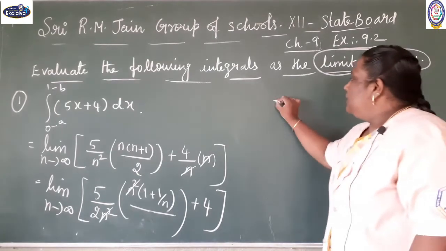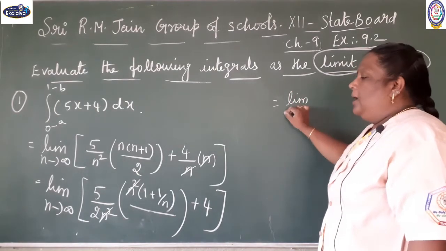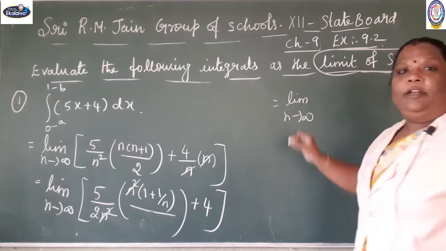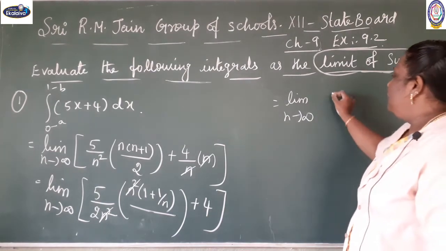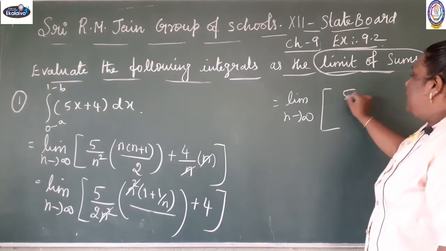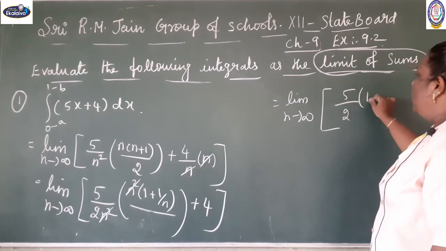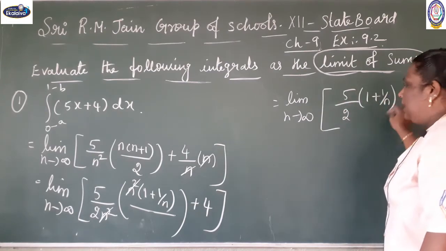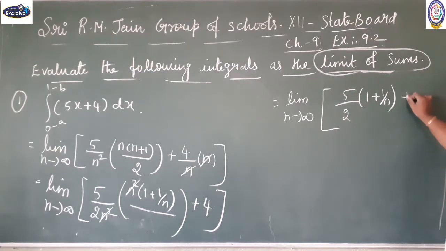So it gives limit n tends to infinity, 5 by 2 into 1 plus 1 by n, plus 4.